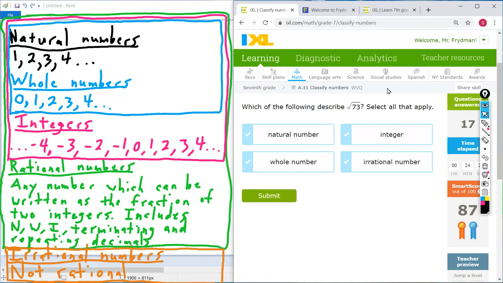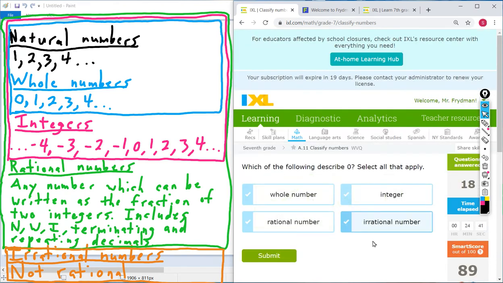So we're going to click on irrational here. Remember, if a decimal terminates or repeats, then it's rational. If not, then it's irrational. Terminates just means it ends. But it didn't end, so we're going to click on irrational.